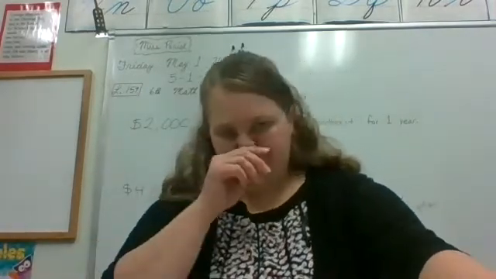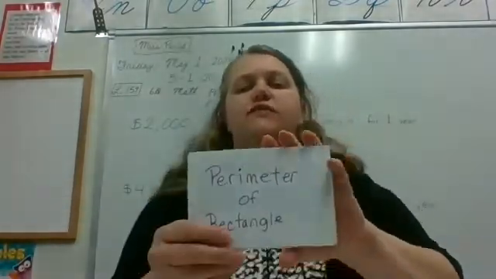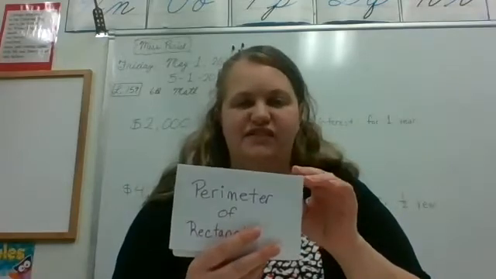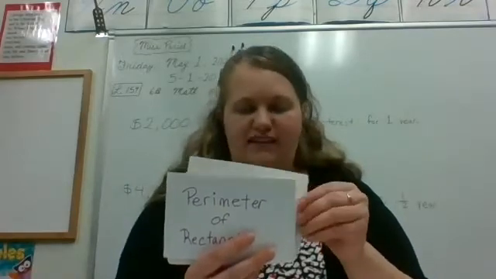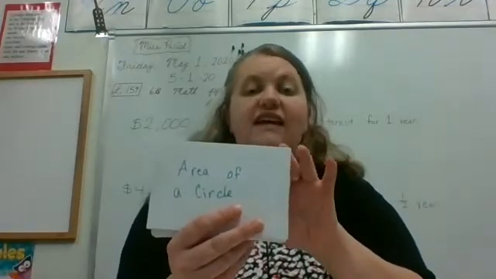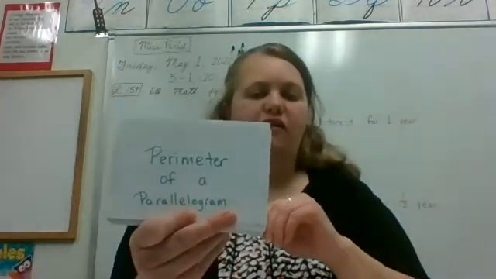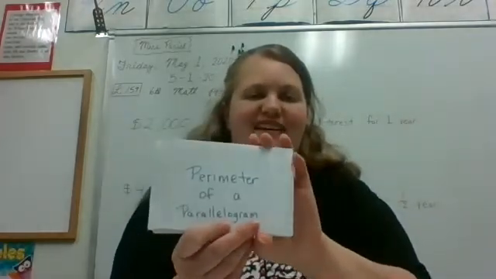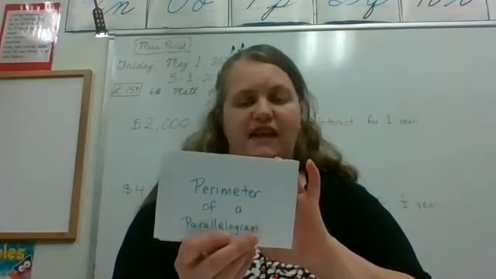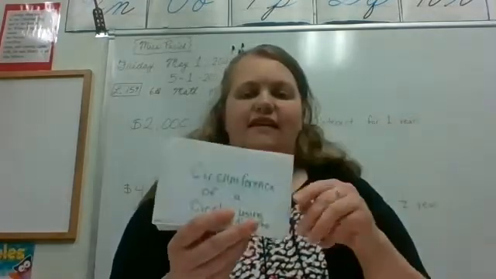All right. Doing these, perimeter of a rectangle is what? P equals 2 times L plus 2 times W. What about area of a circle? A equals pi r squared. Perimeter of a parallelogram? P equals 2 times B plus 2 times H, or 2 times L plus 2 times W will work as well.